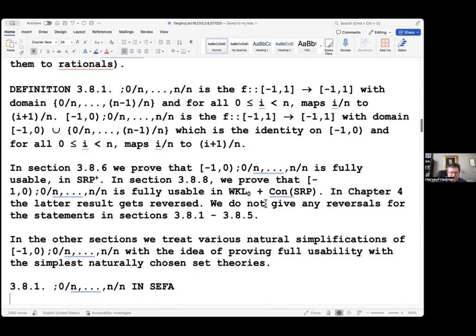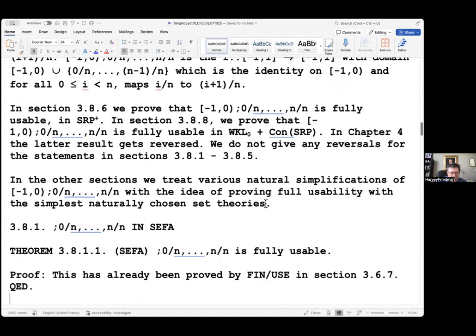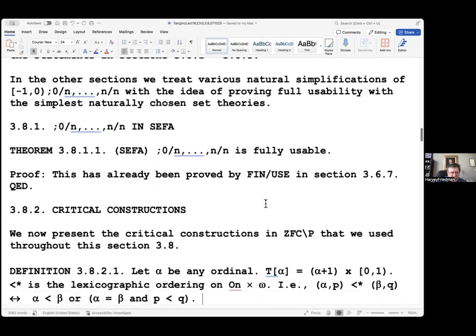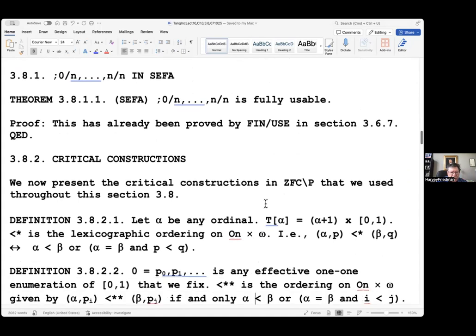All right, this gives some preview of what is in 3.8, but so that's nothing. All right. Now this we already discussed. This is a finite function, and it's covered that it's fully usable. You need Ramsey's theorem in every dimension, so it's CIFA. CIFA is equivalent to Ramsey's theorem in every dimension plus EFA.